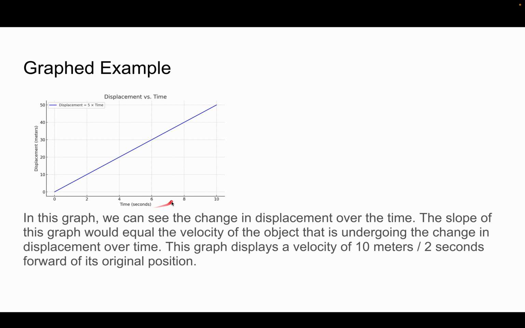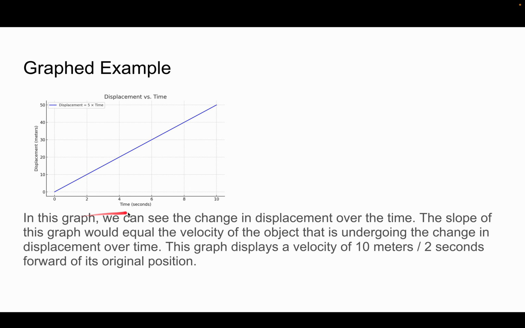So here is a simple graphed example. We have displacement in meters over time in seconds. And we could assume that whatever object is being graphed here, it is moving forward. So let's keep that in mind. The displacement in meters, we could see it goes 10, 20, 30, 40, 50.